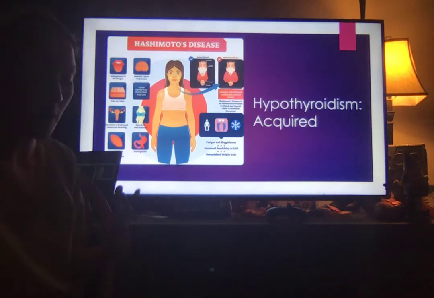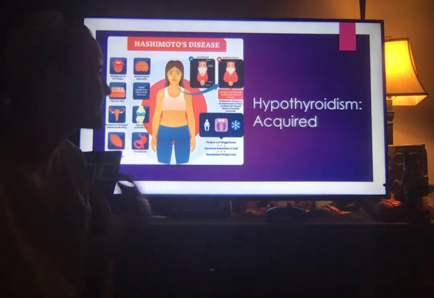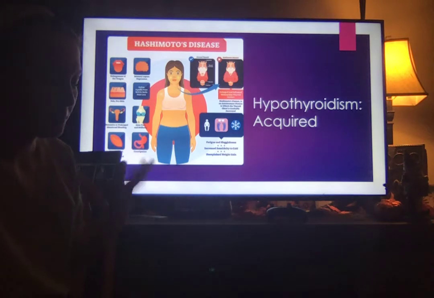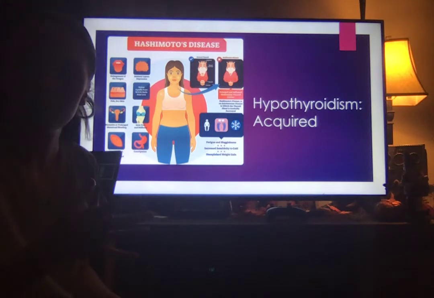And it's an increased risk for them to get this condition from radiation exposure. It affects 7 to 8 times more women than men, but it can affect any age, but most of the time it's around middle adulthood patients.